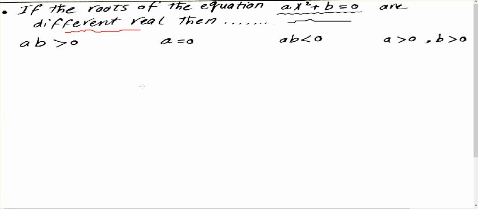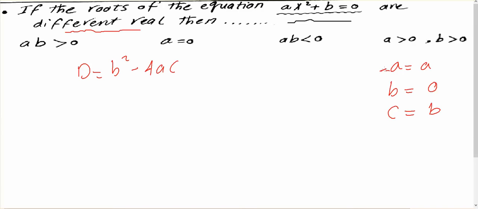Can we find the discriminant of this equation? Discriminant equals b squared minus 4ac. Here a equals a, the coefficient of x power 2, and b, the coefficient of x, equals 0, since there is no term of x. Here c equals b, the absolute term.